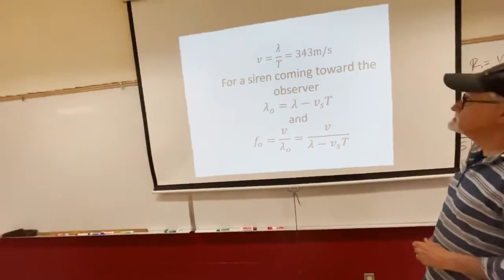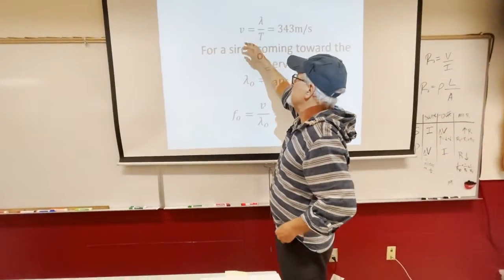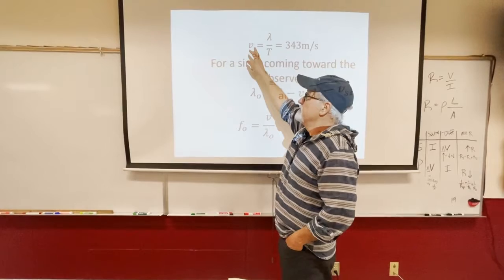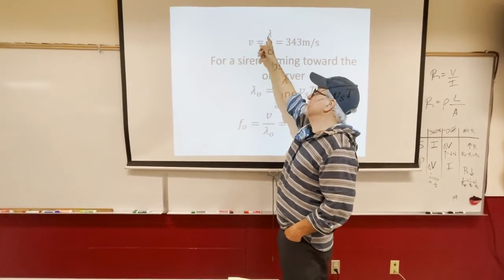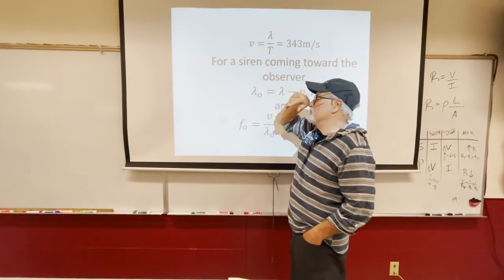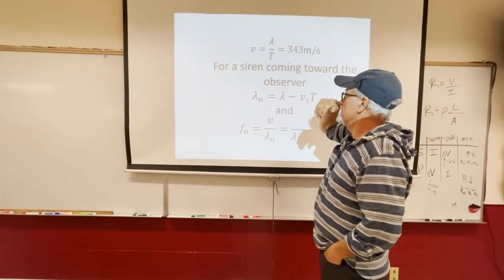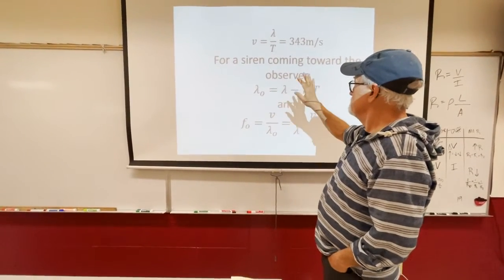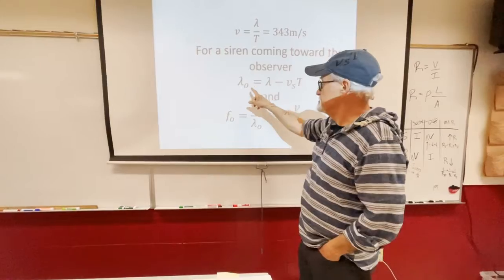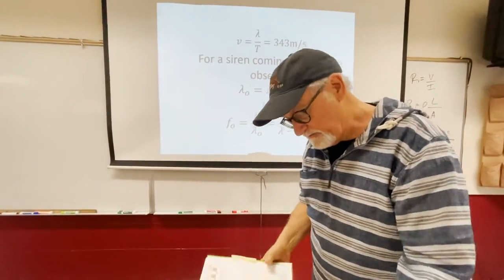Remember, speed is distance over time. So the speed of sound, the velocity, is the wavelength divided by the period of the wave, and that's 343 meters per second. So when the siren comes toward the observer, the observer gets a different wavelength.